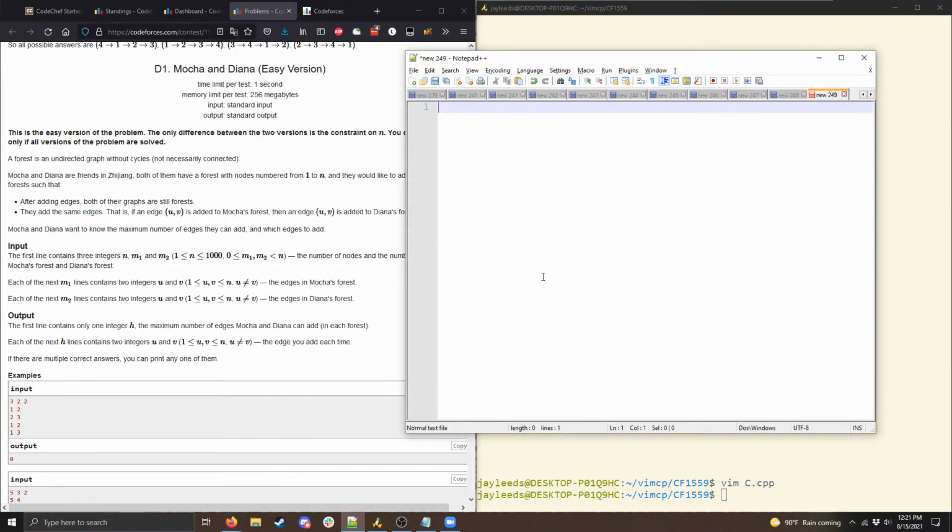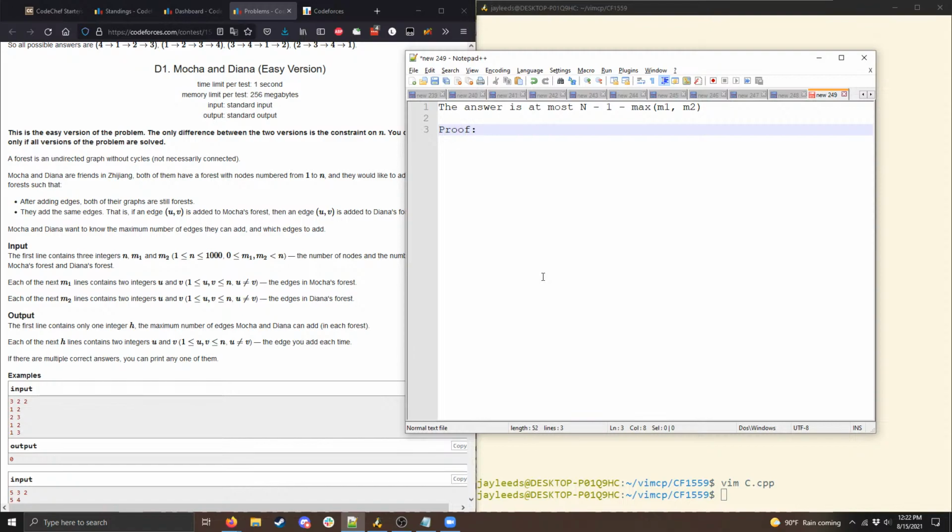Okay, so this is the tricky problem, and in particular, it's hard to figure out what to do just to start. When that happens, a good first thing to do is to just write down stuff that feels obvious. In this case, the immediate bound I came up with was that the answer is at most n-1 minus the maximum of m1 and m2.